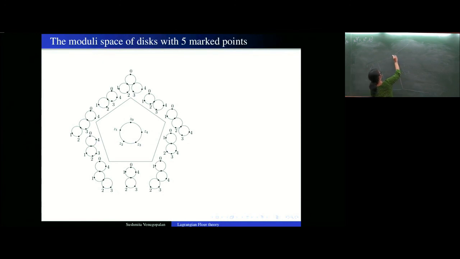And this point has 2 edges, so I need to multiply this by an R2. So a point gets replaced by a square. And again, this edge gets multiplied by R.